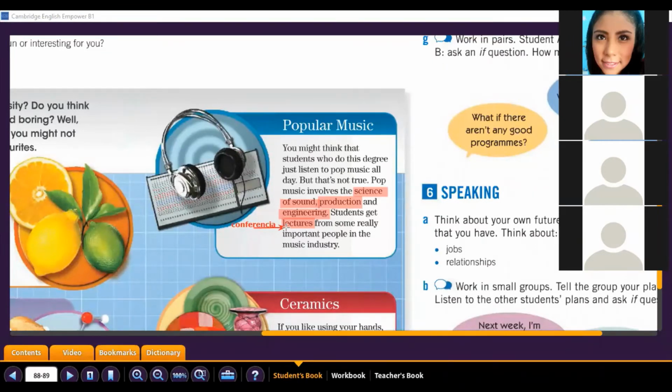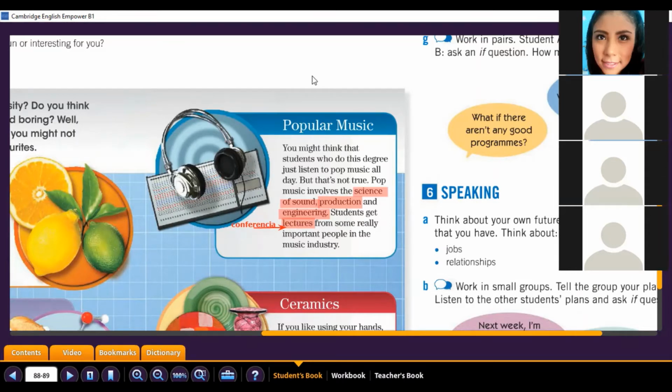In this case, lecture would be a conference. So they get some lectures from really important people in the industry, music industry. Ellos todo el tiempo en conferencias con gente del medio, ¿no? De la música y de este campo.